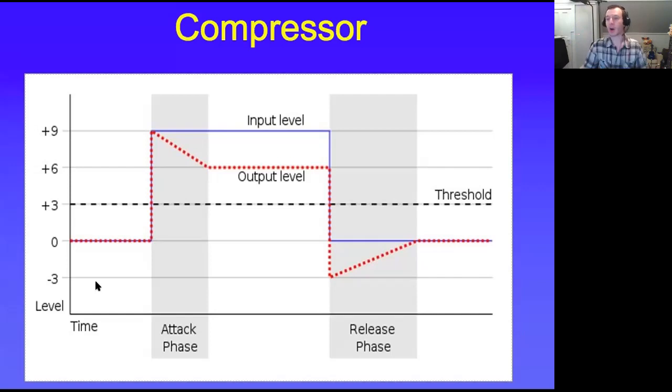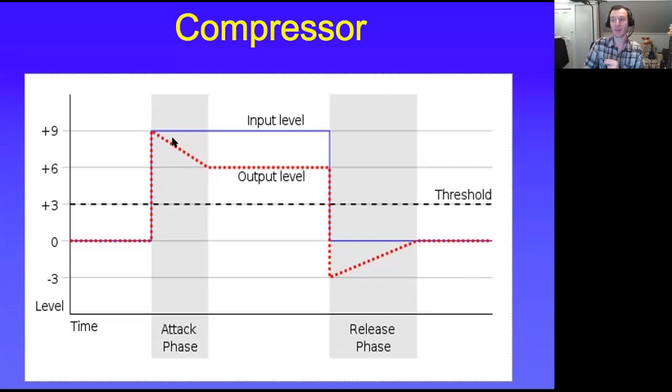So taking a look at our graph here, you can see our threshold is arbitrary numbers, but our threshold is at +3. And the incoming signal comes in, when it increases in level, it is 6 decibels above that +3 threshold.